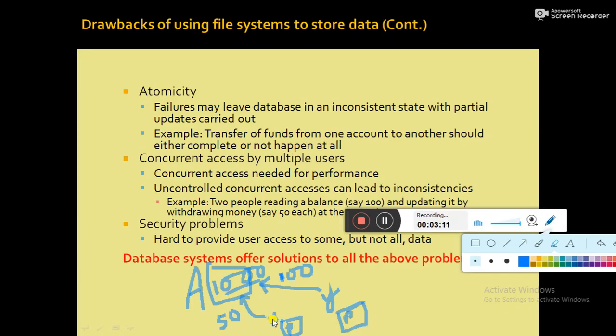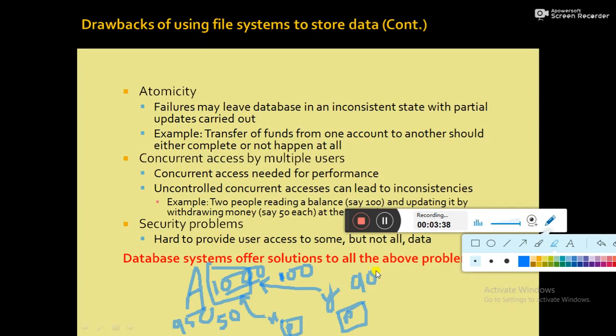So if X withdraws 50 rupees, the program will update account A with 950. So the program on behalf of X should update account A to 950. As well, the program P executing on behalf of Y should update account A with 900.